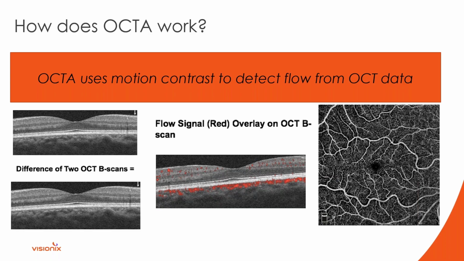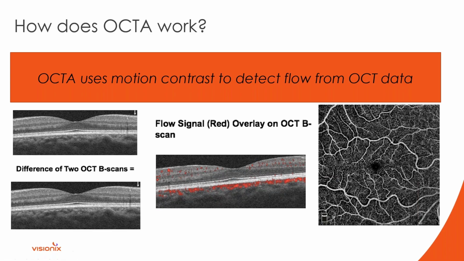If you think about it, the only thing that should differ is something that's moving, and we're not going to see that on the OCT scan. However, the machine has an algorithm for assessing and looking for those differences. So we take those images and get the middle picture, called the OCTA B-scan with flow overlay.